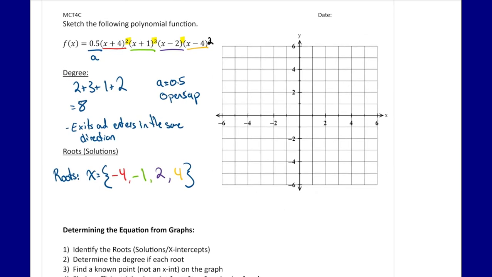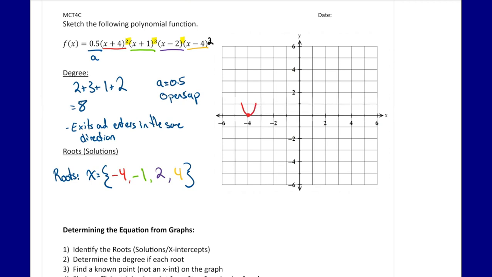So what I'm going to do is start with each one. Let's start with the first, negative 4. I'm going to put a point there. Now, that factor has a degree of 2. So that means that this function has to touch this root as a parabola.